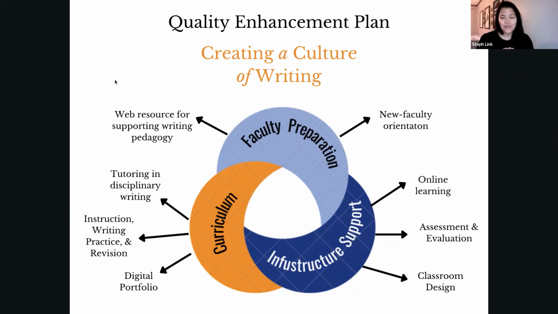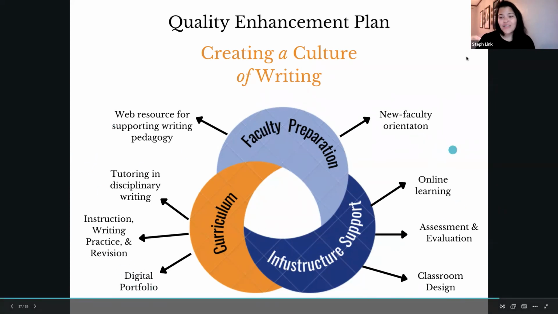We are able to do this in ways that expand across our campus to other campuses by focusing on faculty preparation, on curriculum related to writing, and establishing an infrastructure of this writing culture through these many different forms, like the web resources of Dissemity, tutoring through Dissemity, receiving instruction, practice, and revision understanding through Dissemity, and this digital portfolio.